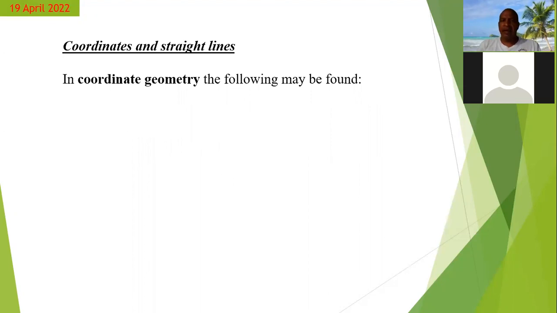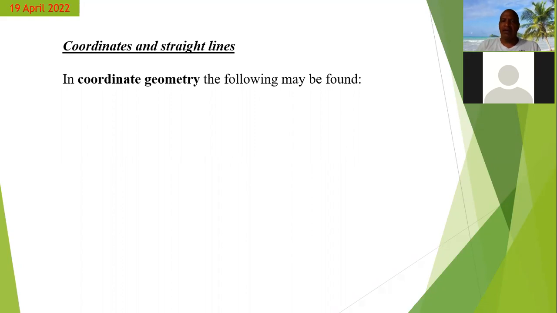Now, one of the things that we had looked at when we were doing graphs is how to plot the points that give you a straight line. And there are equations that when you plot them will give you a straight line. We call those equations linear equations, or we may also call them simple equations.